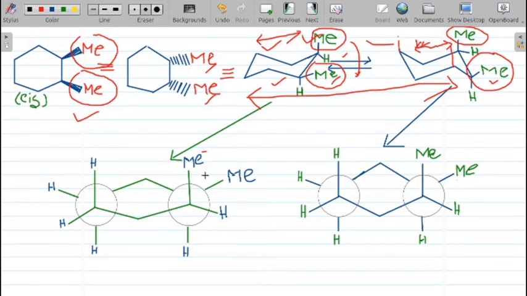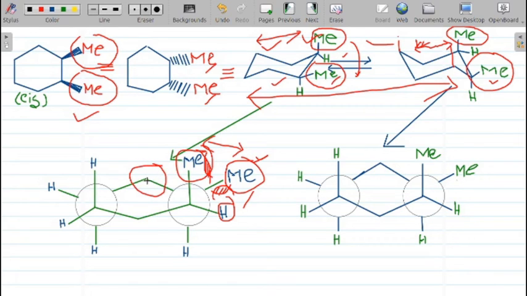Here you can see there is a gauche interaction between this methyl group and this hydrogen atom, a clash between the two methyl groups, and a clash between this CH2 group and this methyl group.